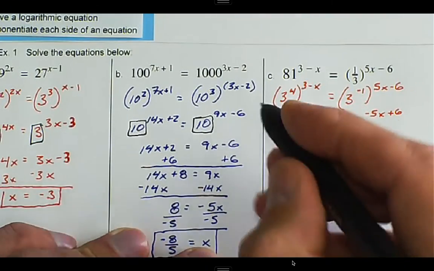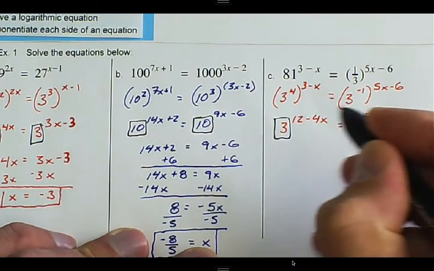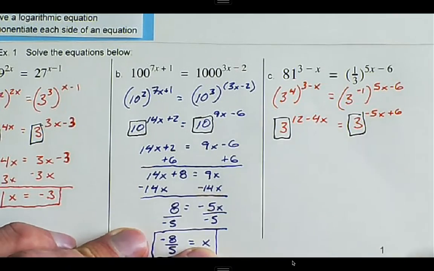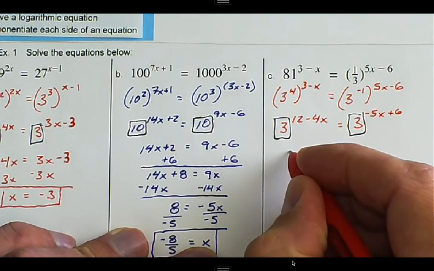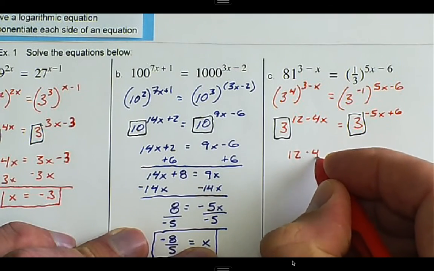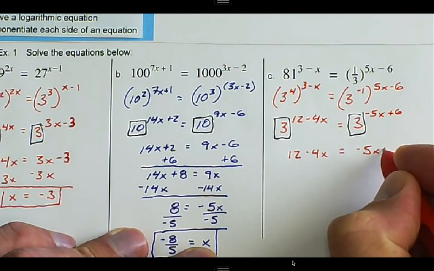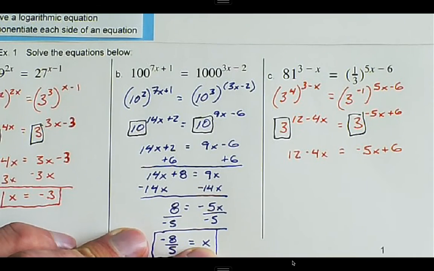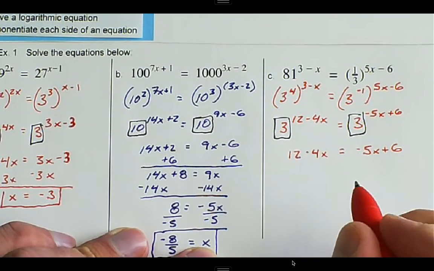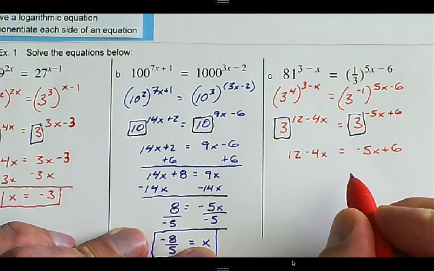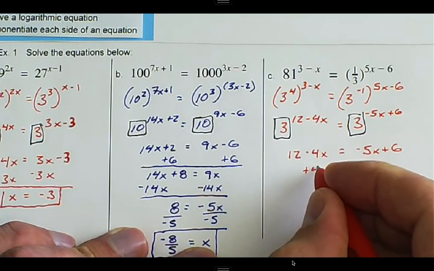Then we have the same base again. Base is 3. And we can set the exponents equal to each other. And then we can add 4x.